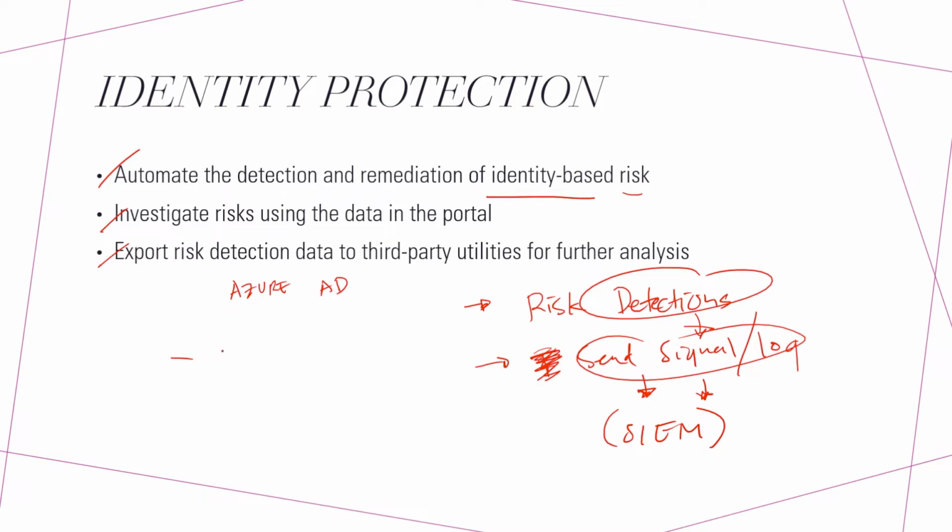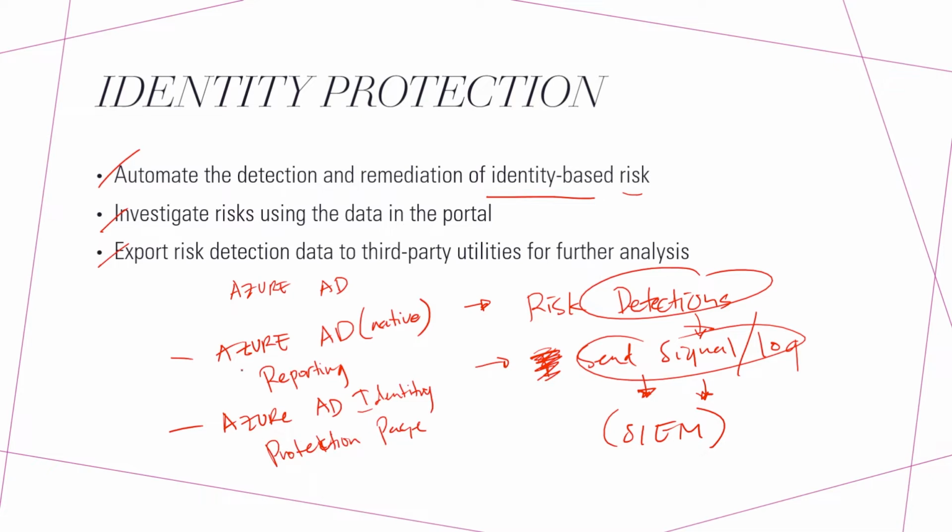So where can you see these risk detections? These risk detections can be seen in Azure AD reporting. That's the native Azure AD reporting page. And on the Azure AD identity protection page itself. Those are the main places where you can check risk detections.